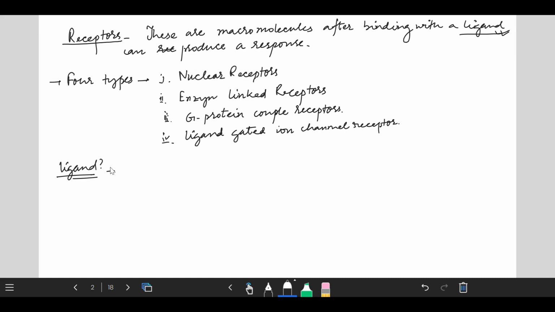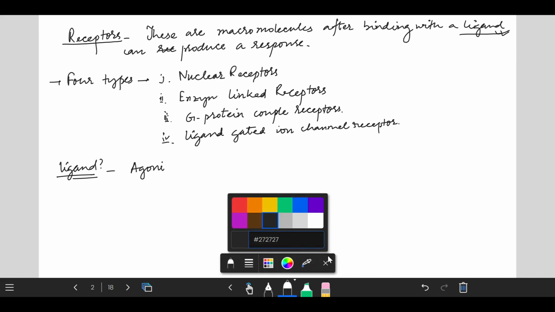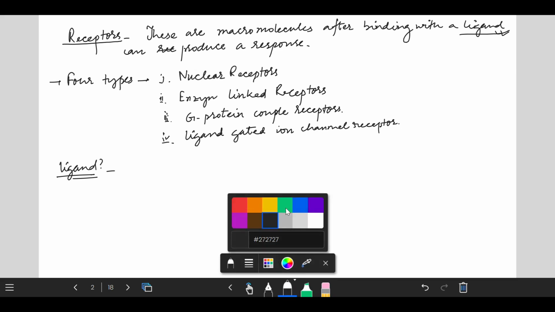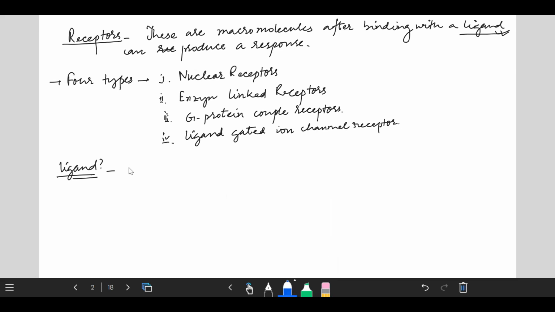Okay, these are agonist or it can be antagonist. These are known as ligands. So, first one is agonist. I am using another color that will make it easy to understand.